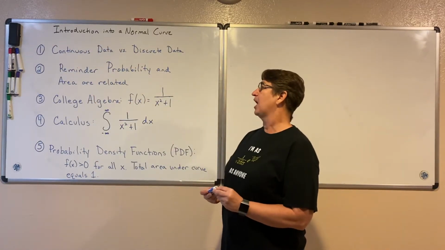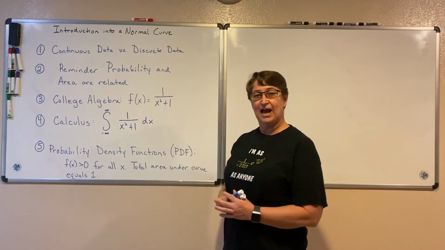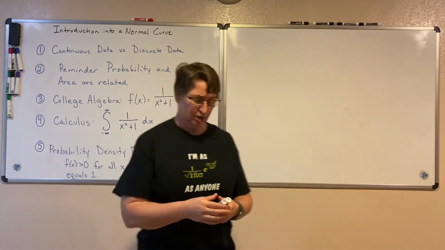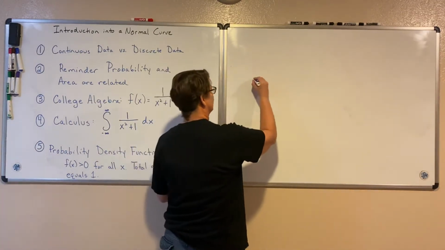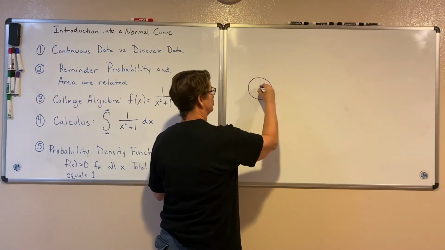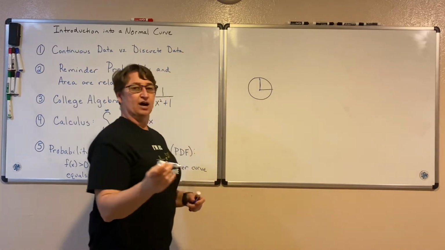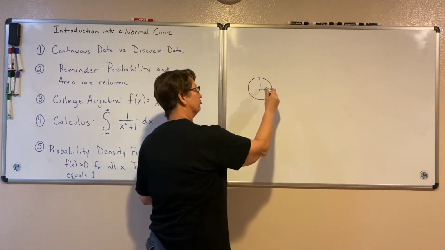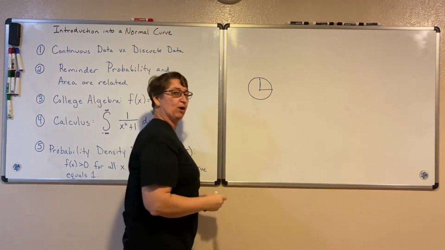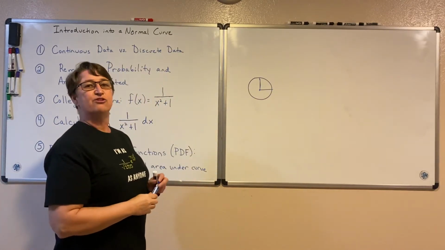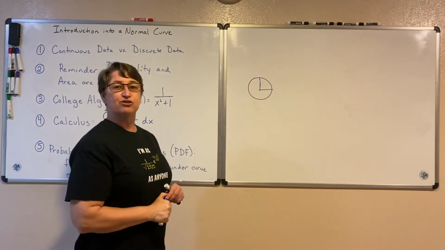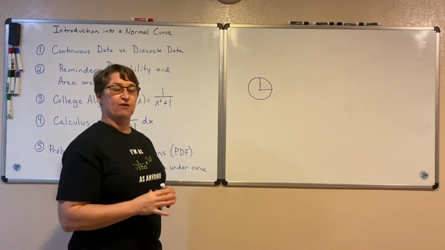Then I want to remind you that probability and area are related. So remember when we did spin the spinner and I asked you, what's the probability that the spinner lands here? You told me that it was 1/4. That probability was 1/4 because that area of the circle made up 1/4 of the circle.